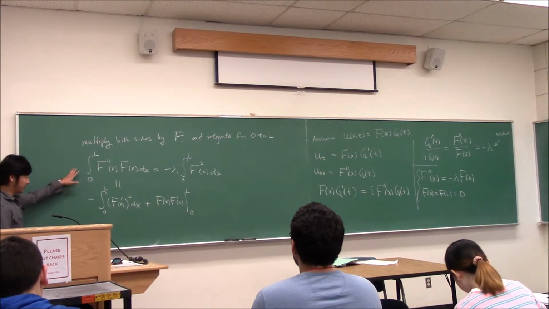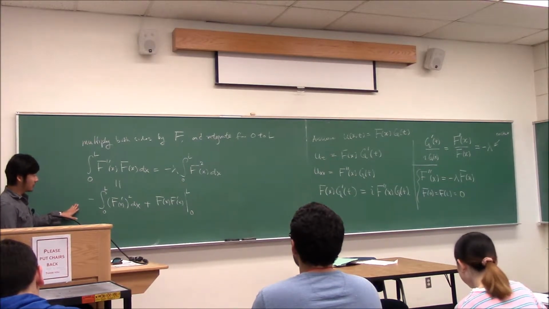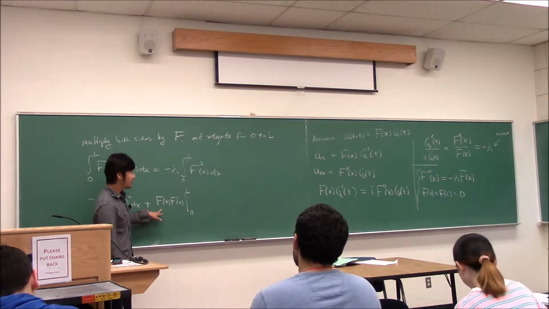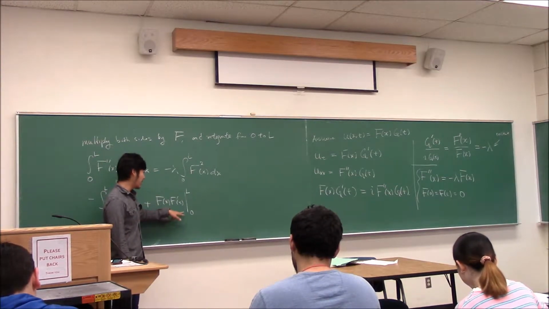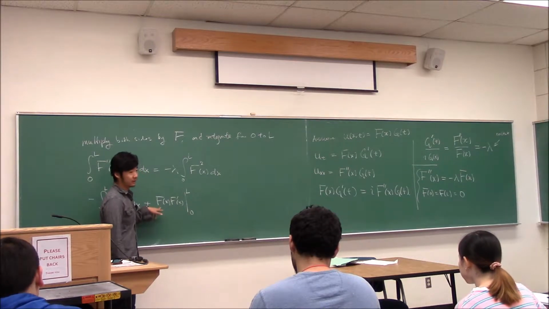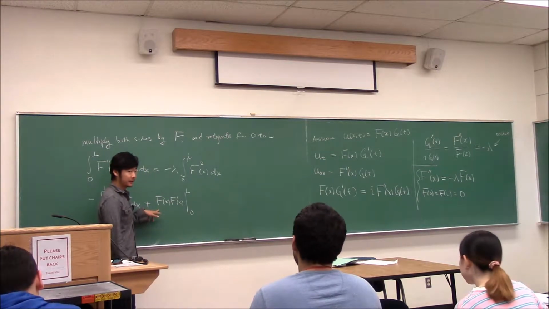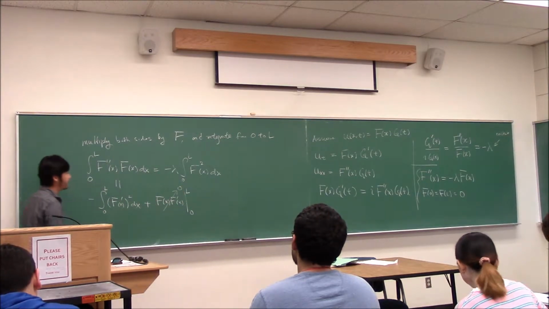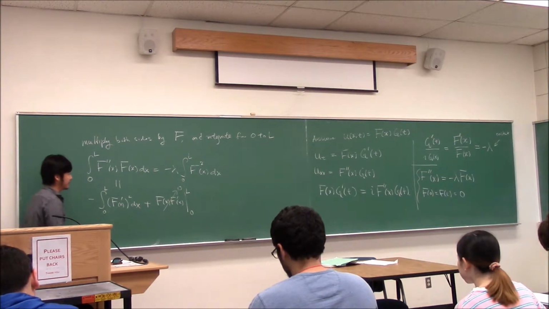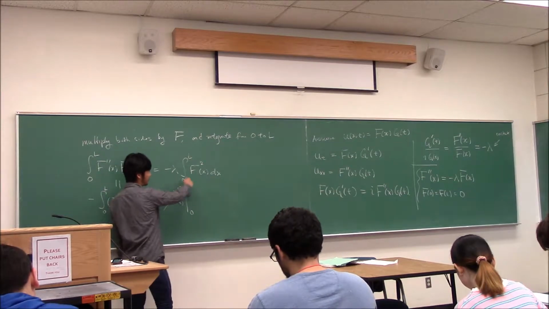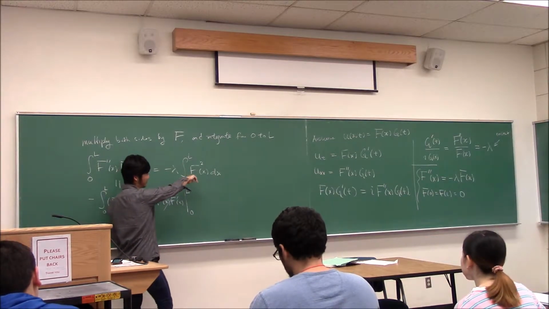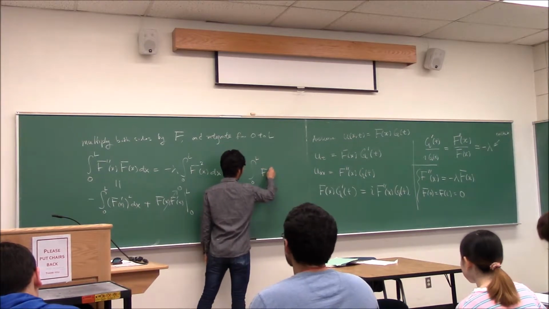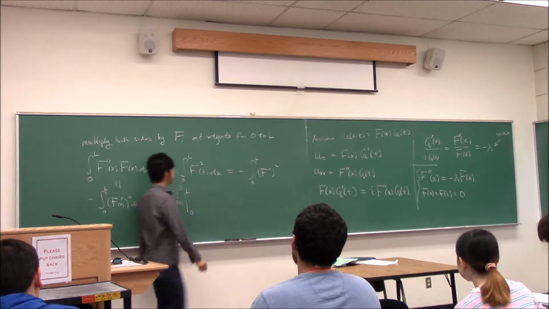Okay, so this is just integration by parts. However, we can use the boundary condition that at 0 and at L, f is 0. Okay, so in fact this boundary term goes away. And so we get that negative lambda integral of f squared is equal to negative integral f prime squared. Okay.